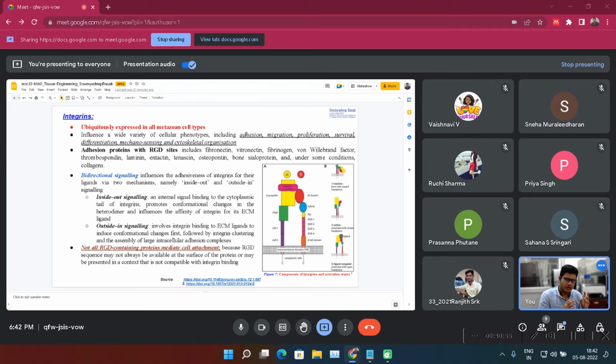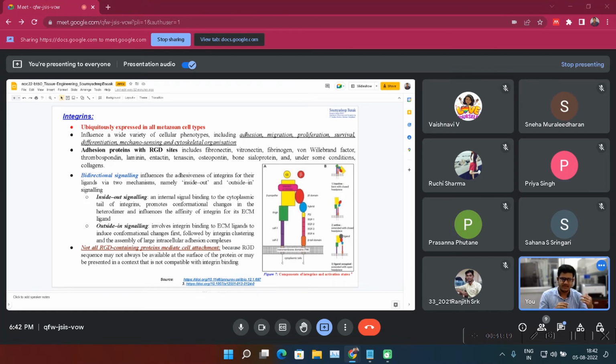Now, how does integrin bind with the RGD domain that we have studied? Fibronectin has an RGD domain, a tri-amino acid domain, that interacts with the integrin. So how does this happen? This interaction can happen by two mechanisms.